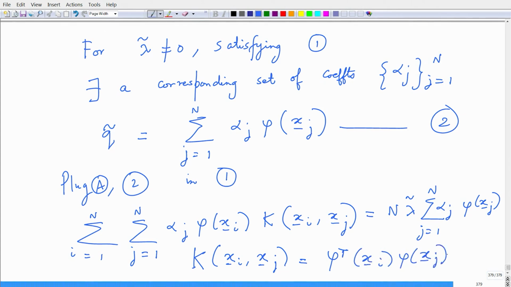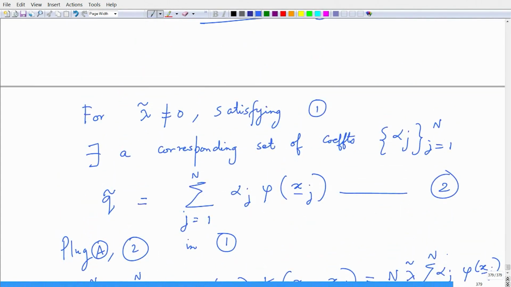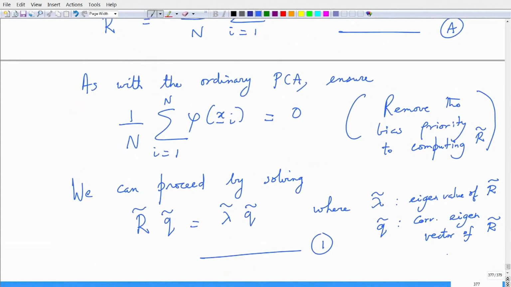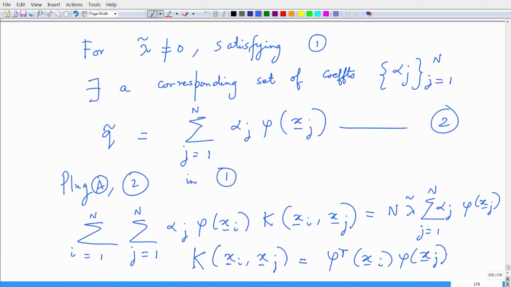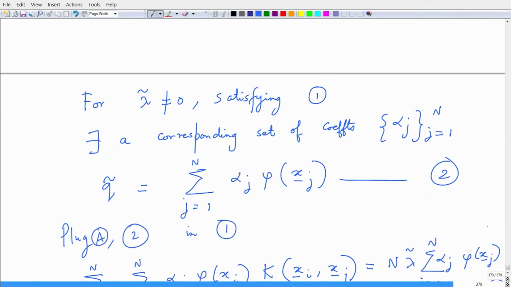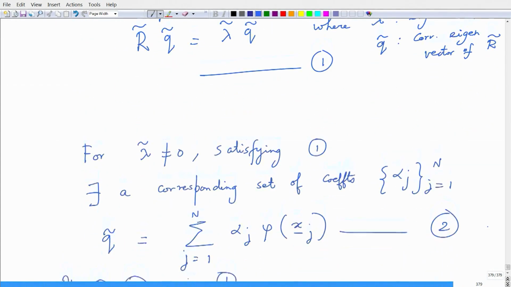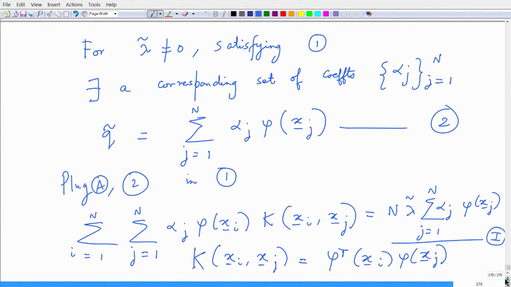Because of this outer product, I had this phi transpose that I got from my R tilde, and I have that plugged in along with what I have for q tilde, and then I simplify in this form. This is pretty straightforward algebra. Let me call this my equation capital 1. I have not used this symbol before.